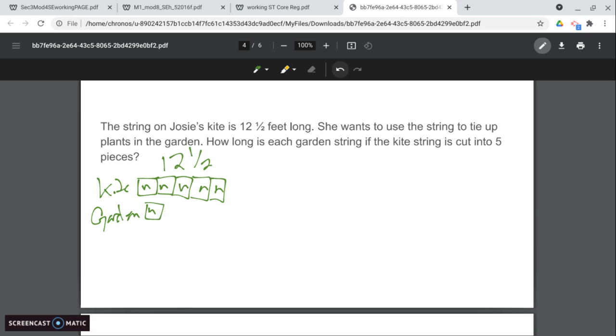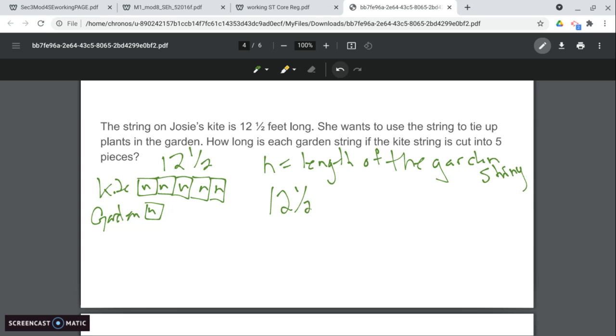So n equals the length of the garden string. So we're taking 12 and 1/2 and we're dividing it by 5 to find what n is.